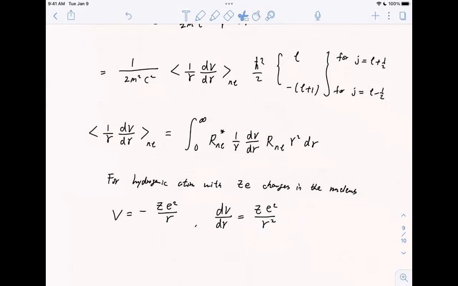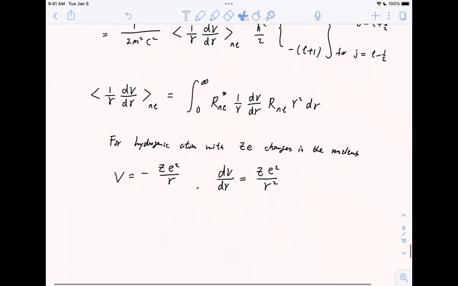Hydrogenic means it's like a hydrogen atom, but the nucleus has more than one charge. So the solution is just the same as in a hydrogen atom, but you just modify it according to the number of charges. So we call this the hydrogenic atom.